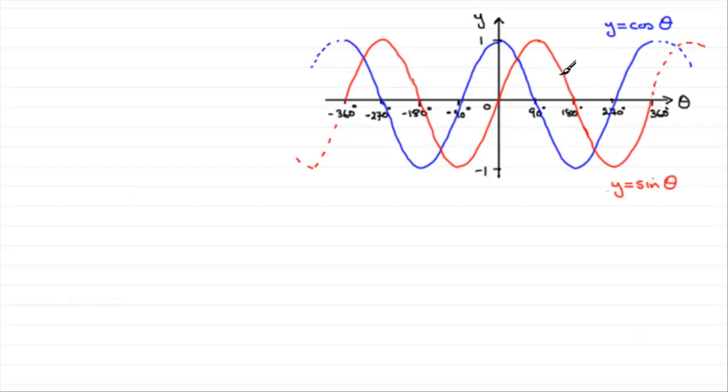And also you'll notice that the sine graph, y equals sine theta, is a translation of the cosine theta graph by 90 degrees to the right. Or you could argue that the cosine graph, when compared to the sine graph, is a translation of 90 degrees to the left.